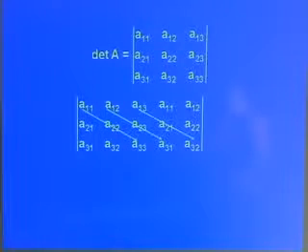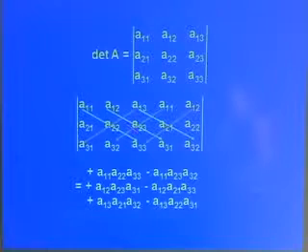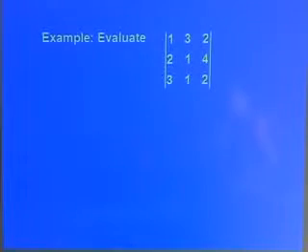Then form the products A11 A22 A33, A12 A23 A31 and A13 A21 A32. These products are written down here, and then we take the products A13 A22 A31, A11 A23 A32 and A12 A21 A33, and these terms are written with a negative sign. So that is how you evaluate a 3 by 3 determinant.